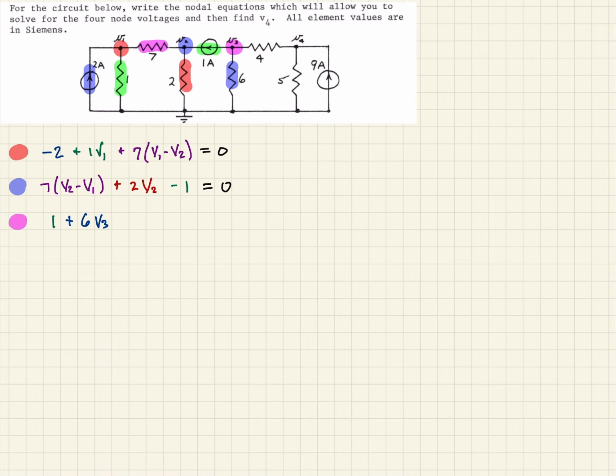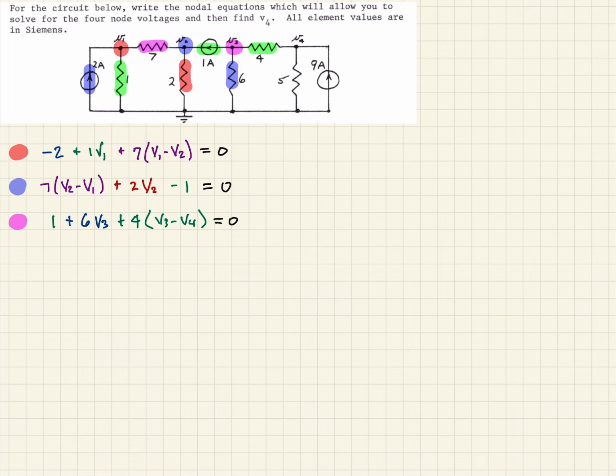And then finally, if we come around to this next device, we'll make that one green as well, so that's going to be plus 4 times V3 minus V4. And that takes care of everything going out of the purple V3, so we can set that equal to 0.